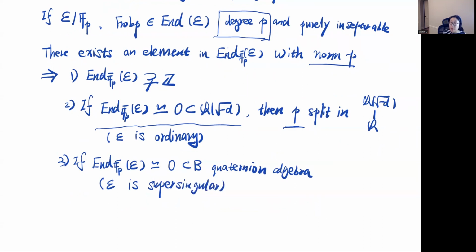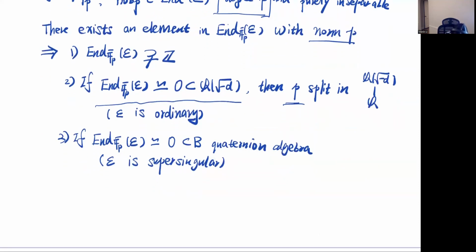There are many different ways to characterize an elliptic curve being supersingular. One way is to look at the endomorphism ring. Just like for an elliptic curve defined over a field of characteristic 0, you either have Z or the CM case, for an elliptic curve defined over a finite field, you either have ordinary, which has a relatively small endomorphism ring, or it is supersingular, which has a bigger endomorphism ring. We will discuss what this case looks like.